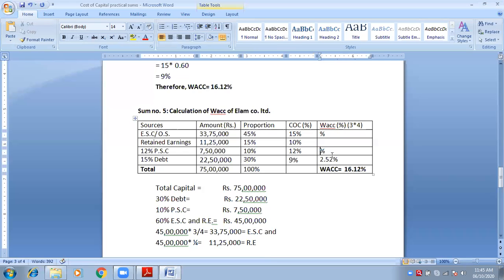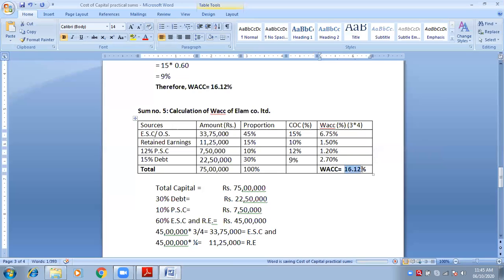Tell me about equity. 6.75%. Next, 1.50%. Next, 1.20%. Next, 2.70%. And what is the total WACC? एक minute.